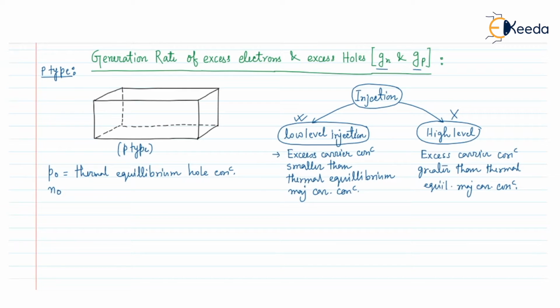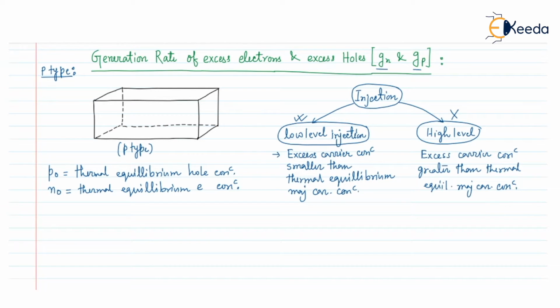Similarly, N0 is the thermal equilibrium electron concentration, that is the thermal equilibrium minority carrier concentration because we have taken a p-type semiconductor.